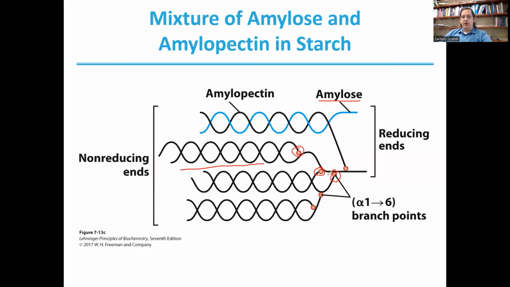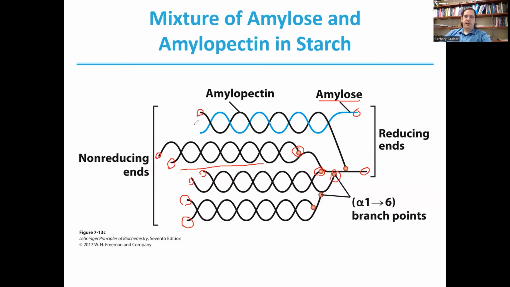Now, it is important to note that since we are using all of our anomeric carbons to link onto our sugars here, we're only going to have one free anomeric carbon at each end of our sugar polymers. So these are the reducing ends. We have one for amylose and one for amylopectin. But of course, we have a wide variety of non-reducing ends, one for each branching point on our polymer.